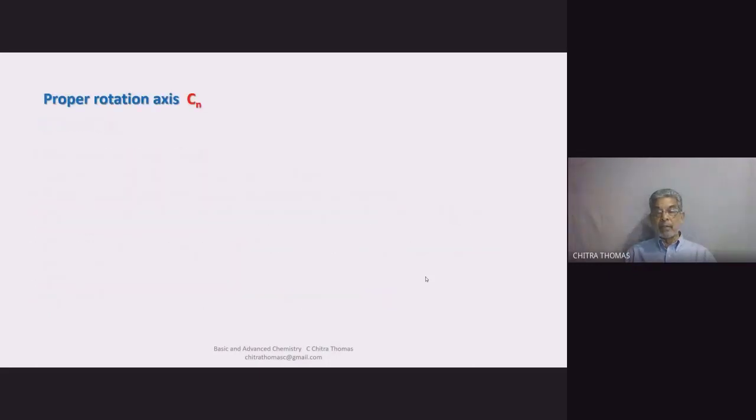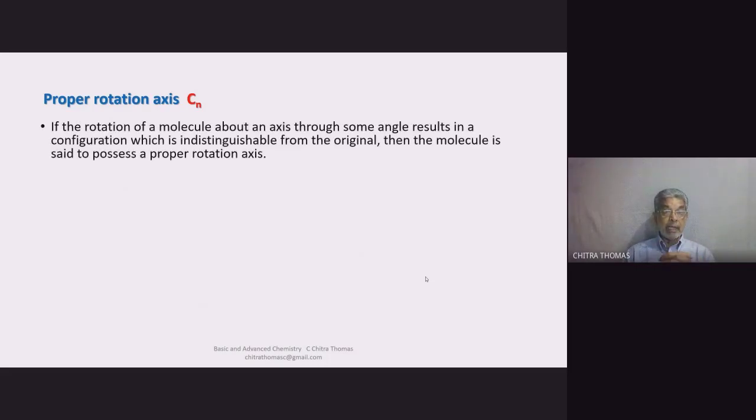Then proper rotation axis, the Cn. If the rotation of a molecule about an axis through some angle results in a configuration which is indistinguishable from the original, then the molecule is said to possess a proper rotation axis. You already know that.